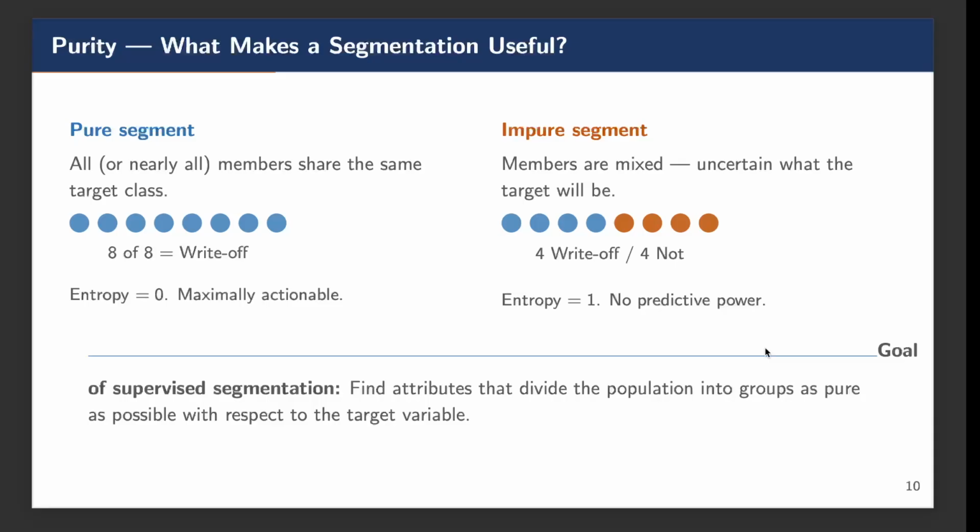For example, in this segment we have 4 write-off and 4 not write-off. This gives us an entropy of 1 and there's no predictive power. So our goal is to find the attributes that divide the population into groups that are as pure as possible.